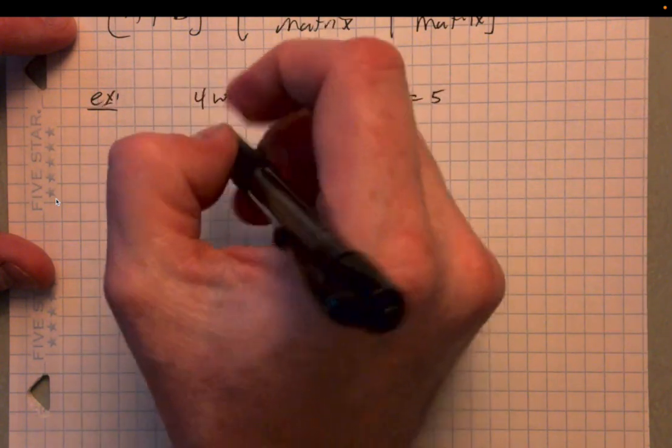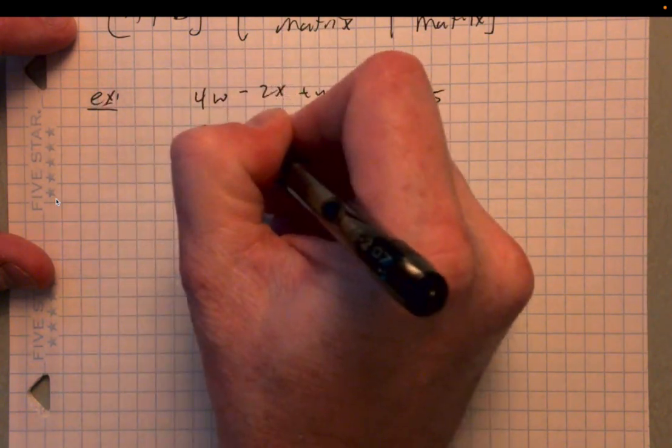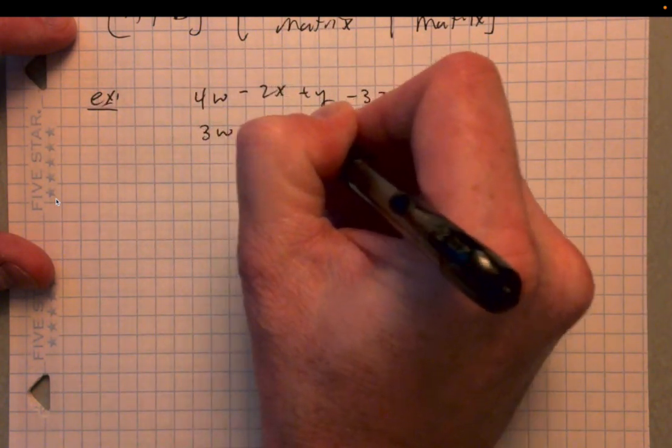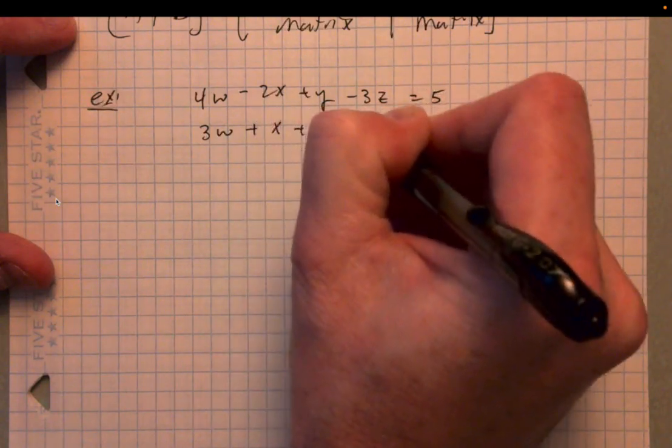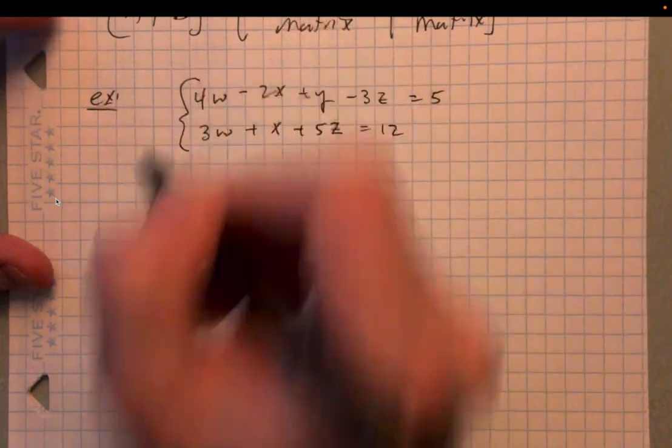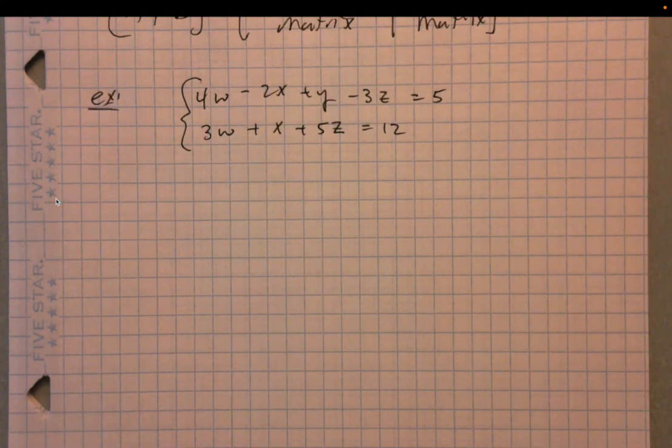And the second equation is 3w plus x plus 5z equals 12, right? Let's write it both ways. Let's create both the AX equals B matrix equation, and then also develop the augmented matrix.